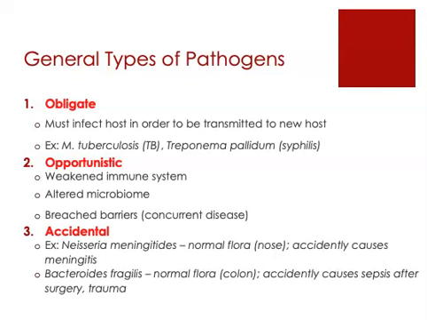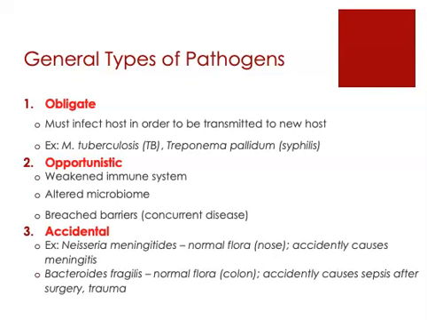If you think about some concurrent diseases, skin conditions that might lead to excoriations and open areas, cut areas of the skin, burns on the skin. There are pathogens that take advantage of those kinds of breaches, those kinds of weaknesses in the host organism.